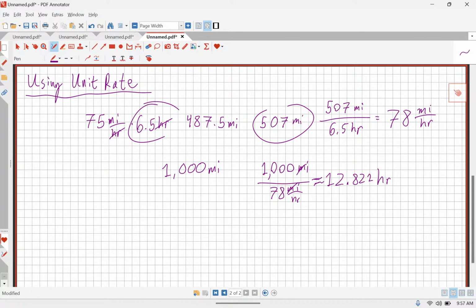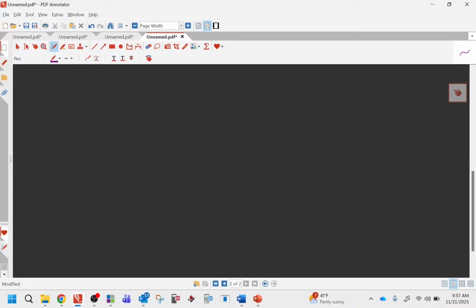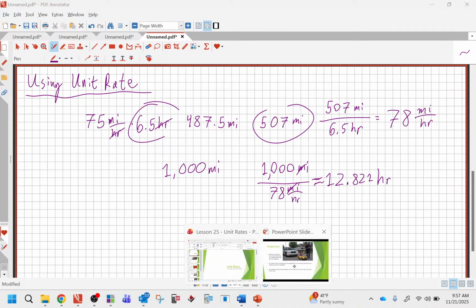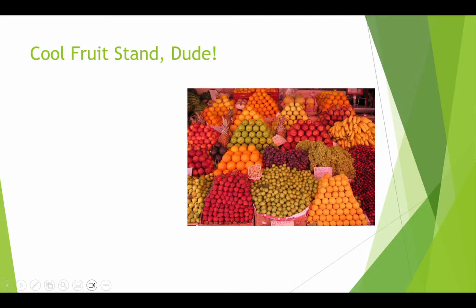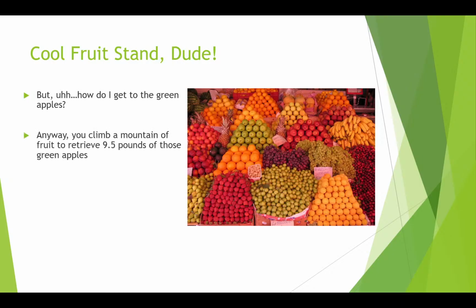Let's see here, guys. Next up. Cool fruit stand, dude. But how do I get to the green apples? Like, what if you went and you're like, wow, look at this beautiful fruit stand, but you wanted some green apples? Anyway, you climb a mountain of fruit to retrieve 9.5 pounds of those green apples.